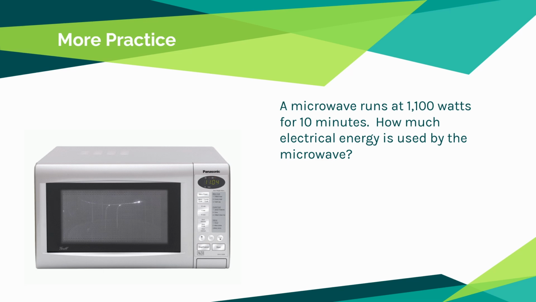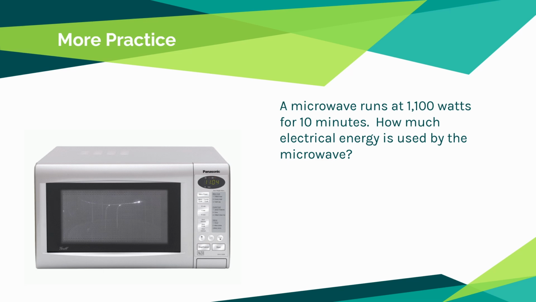More practice. If a microwave runs at 1,100 watts for 10 minutes, how much electrical energy is used by the microwave? In this example, we convert the watts to kilowatts first because we will be using kilowatt hours.